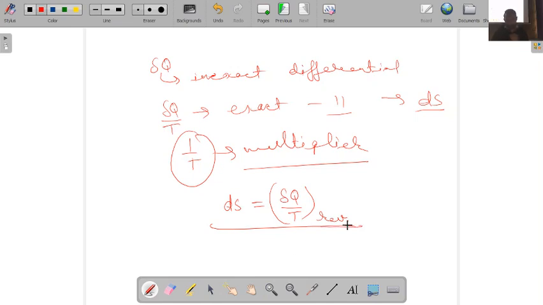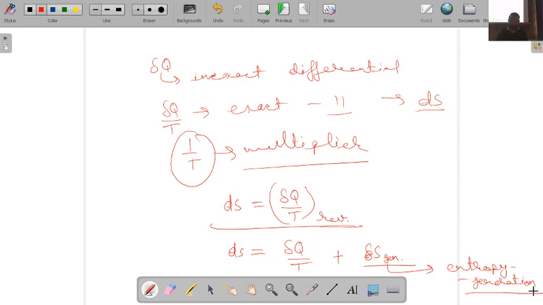Okay, once this is existing for a reversible process, then what will happen? For irreversible process, we get plus some delta S generation over here, and this parameter is called the entropy generation.